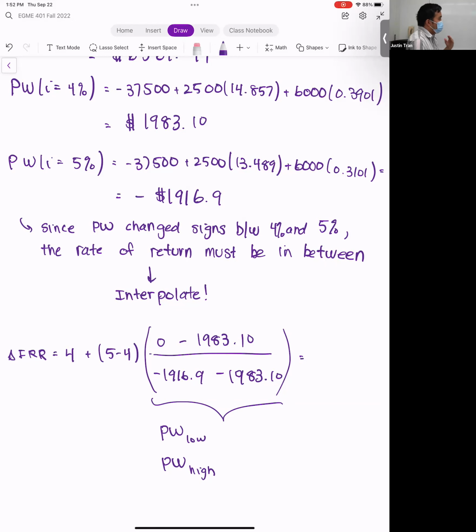These are the present worth associated with the lower interest rate and the present worth associated with the higher interest rate. Be careful about that, because I see that messed up a lot. If we plug all this in, we get 4.51%.